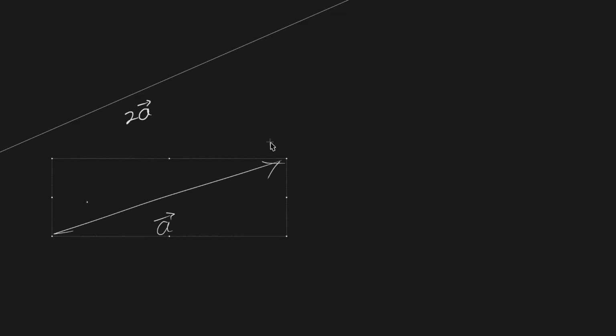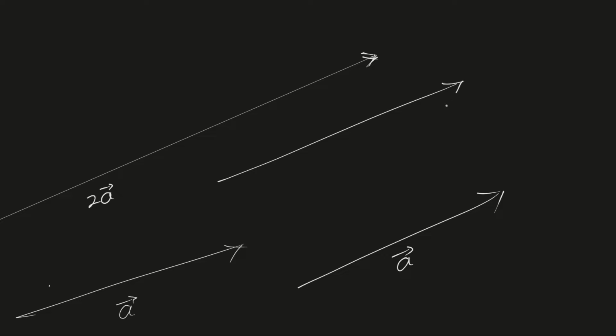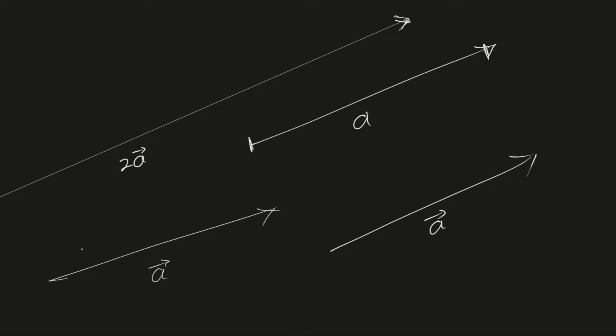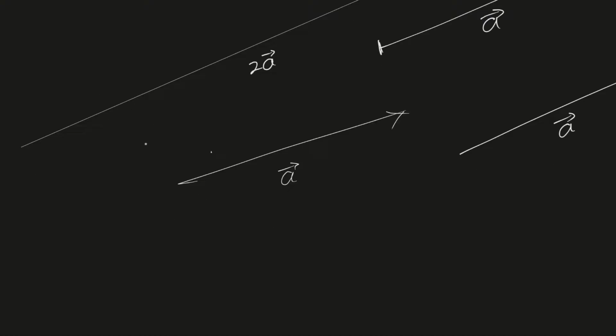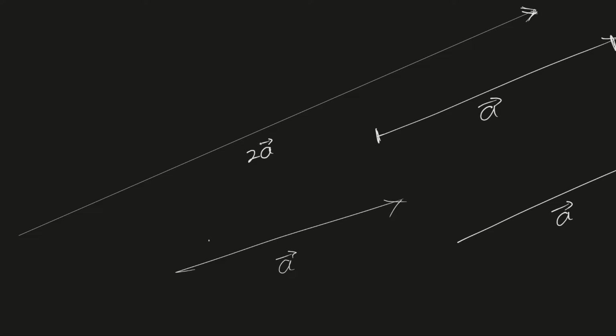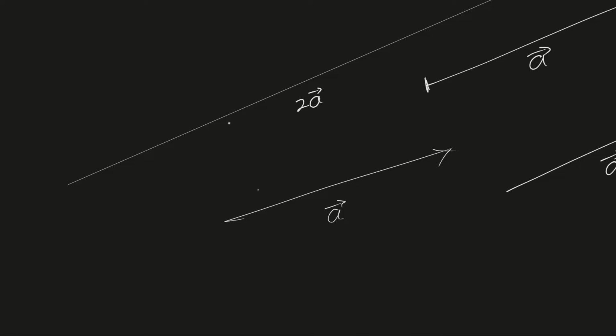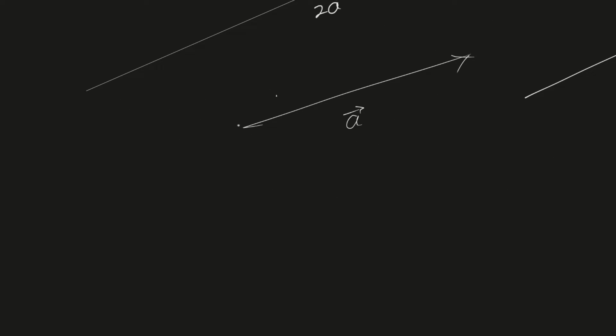But take care that you should not change the direction; the direction should be in this direction only. This is the a vector, and this is also the a vector, but magnitude and direction should be the same, then they are all a vectors only. And this is the 2a vector, doubling the magnitude of a, and you can take any vector anywhere in the space. That's it.